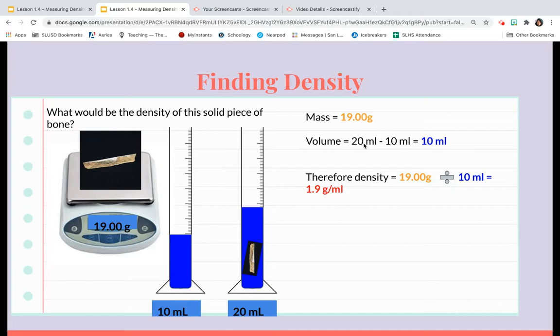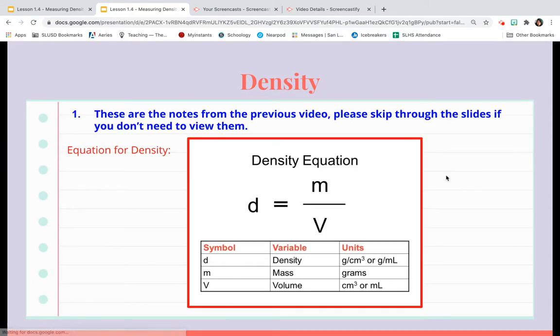My final volume is 20, minus 10 will give me 10 milliliters. So therefore, density is 19 divided by 10, which gives me 1.9 grams per milliliter. So you might ask, why did I divide? Because the equation is mass divided by volume.